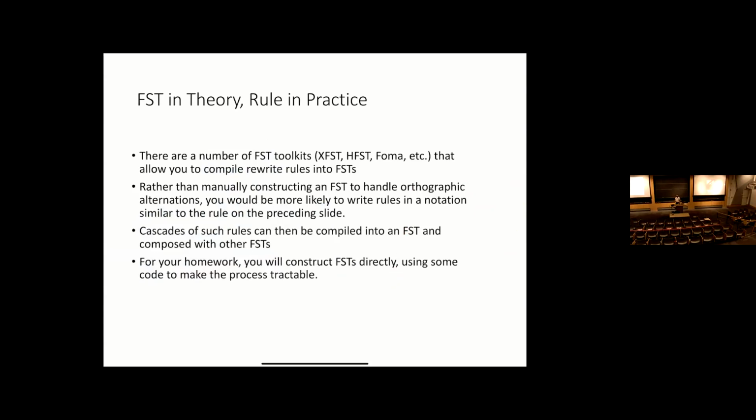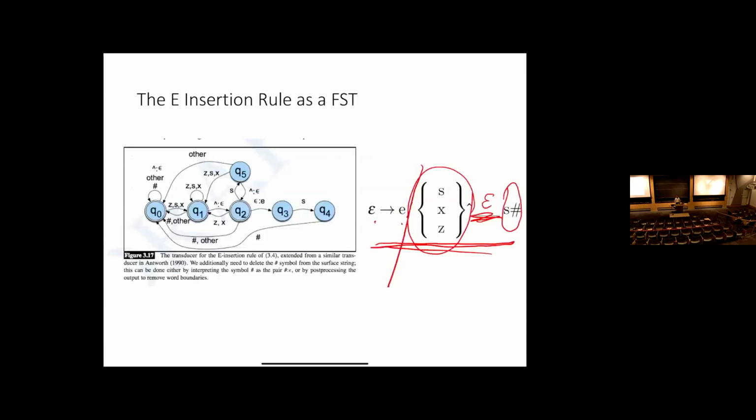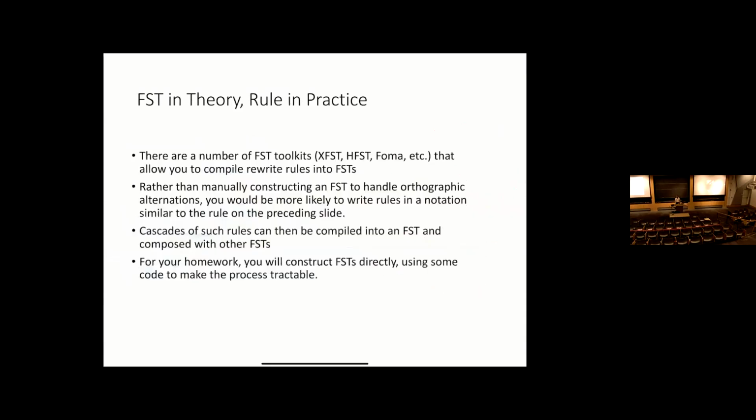So there are a bunch of different FST toolkits, and big companies tend to have their own toolkit, but there are open source ones and free ones like XFST, HFST, FOMA, and so on, that let you write rules kind of like this and compile them into FSTs. So this is easier than manually constructing FSTs.